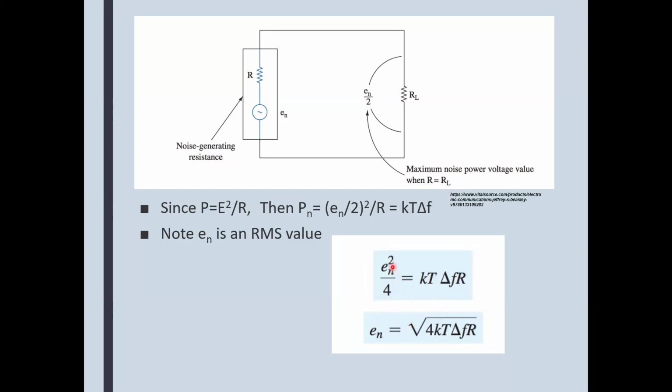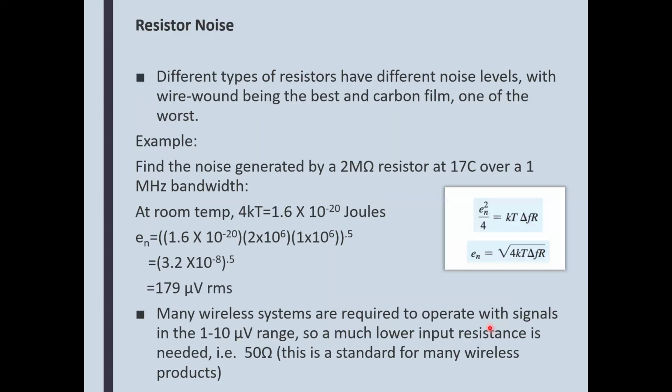If you want to calculate the noise voltage, we rearrange the formula: the noise voltage is the square root of 4 times the Boltzmann constant times the temperature in kelvins times the frequency range, times R. Different types of resistors have different noise levels, with wire wound being the best, and the carbon film, which we're using, being one of the worst.